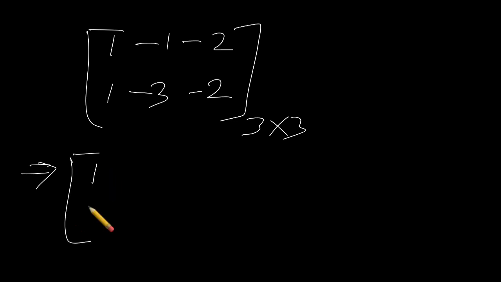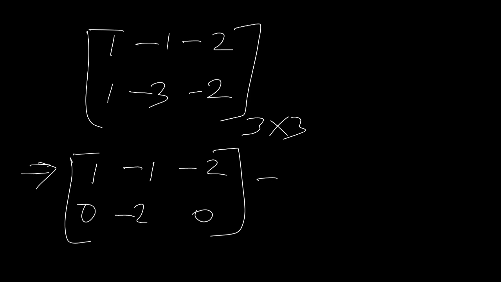Then you find 1, 0, minus 1, minus 3, minus 2. It's a minus 2 and 0. There are 2 pivots. You can divide the second row by minus 2, then you convert the matrix into 1, minus 2, 0, 1, 0.